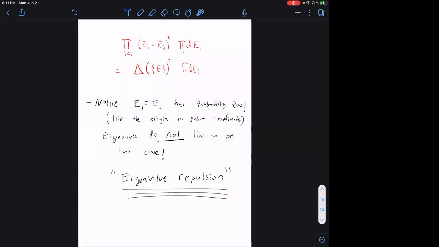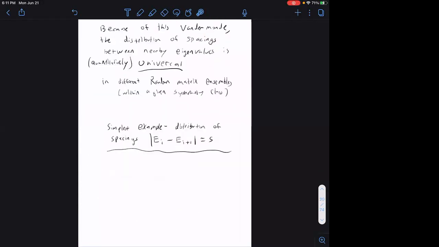This eigenvalue repulsion is really going to run the show when it comes to discussing the statistics of the energy levels. It's basically because this Vandermonde appeared as coming from the measure factor of dH.